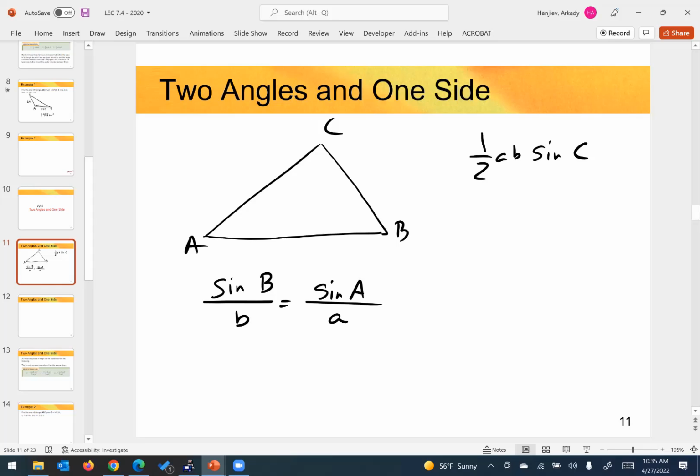That right there. Is there a way to fuse these guys together? Well, that's sine of C. Does that mean that 1/2 AB equals? Notice we have a sine C in our formula already, right?